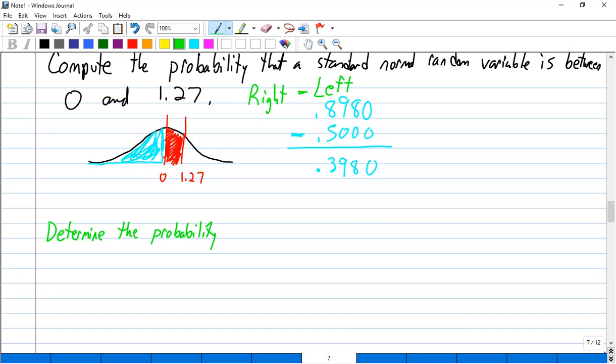That a standard normal random variable is greater than 1.37.